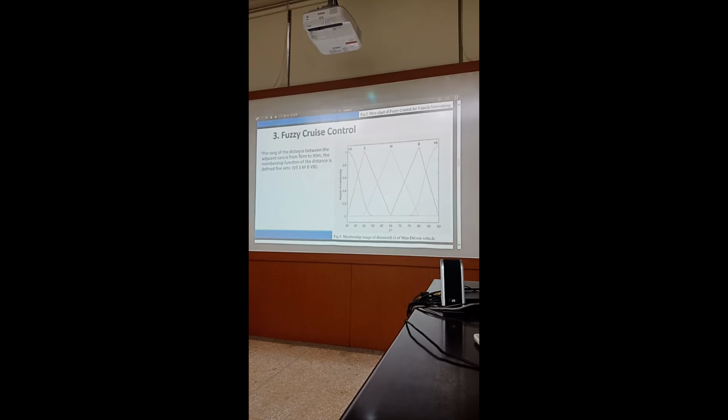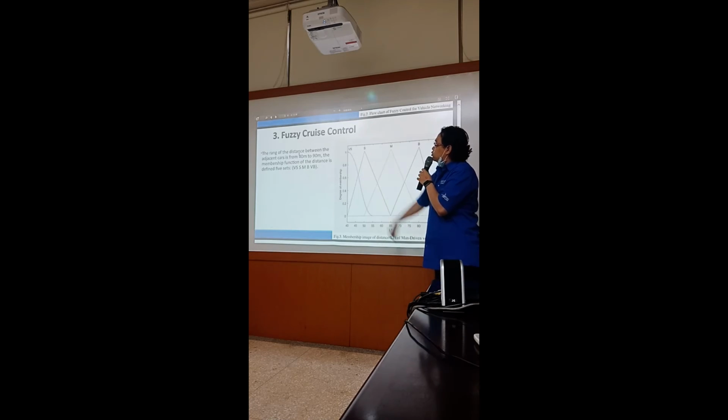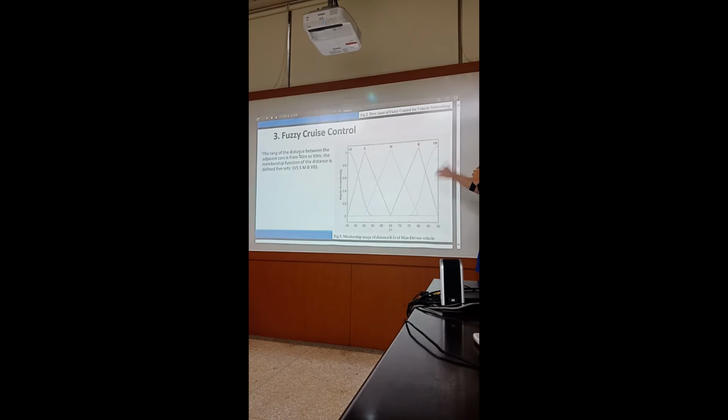And this is the membership function for the first input. You can see this is the membership function for distance or spacing, distance L1. As you can see, they have five memberships. This is for distance from 40 meters to 90 meters, separated into 5 memberships.